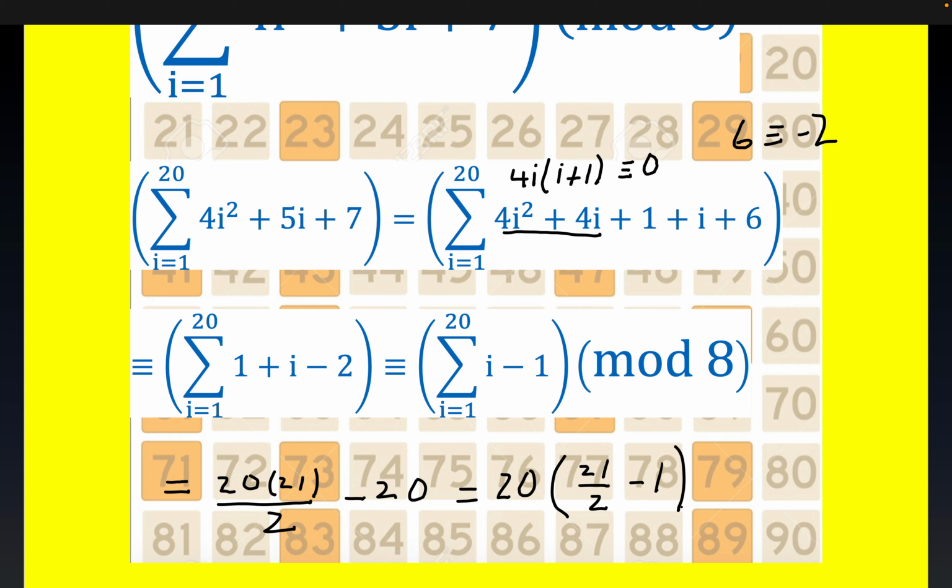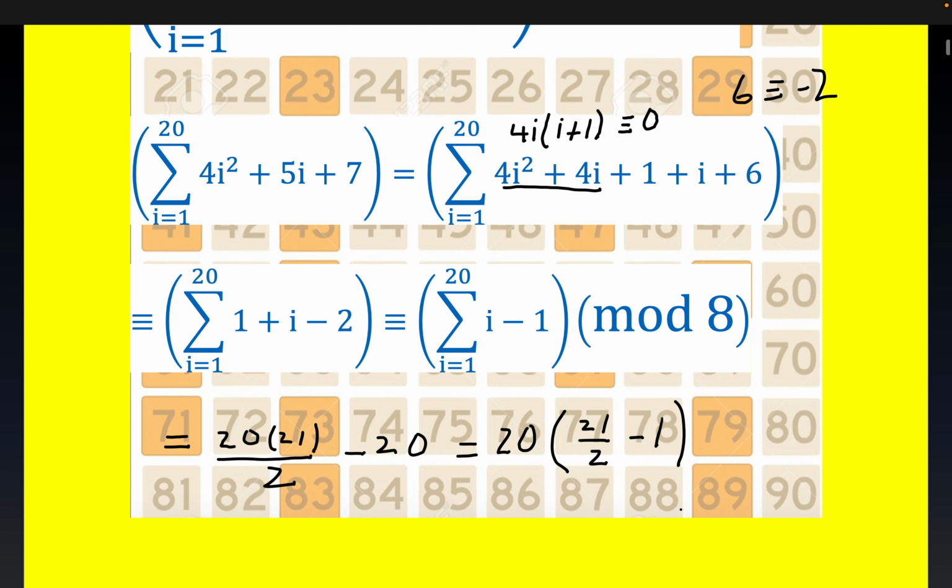I don't know if that was the best way to do this or not, but we'll get there. So this would be the same thing as 20 times 19 over 2, right? And so this is equal to 190. And this is actually congruent to 6.